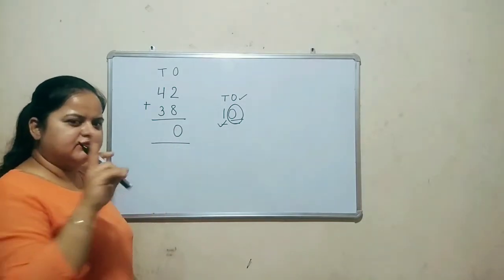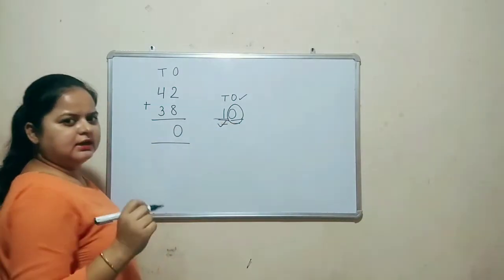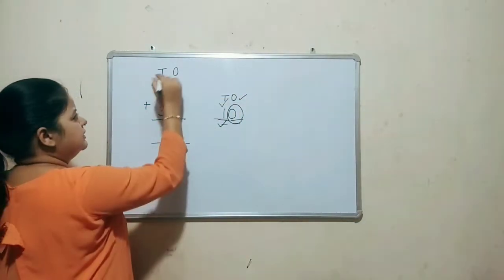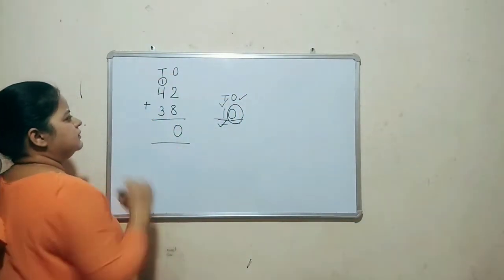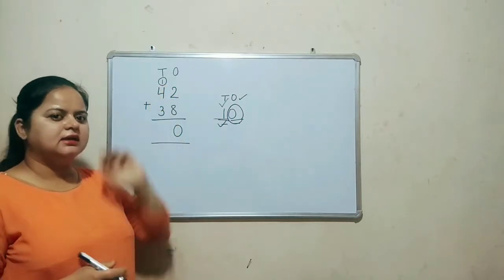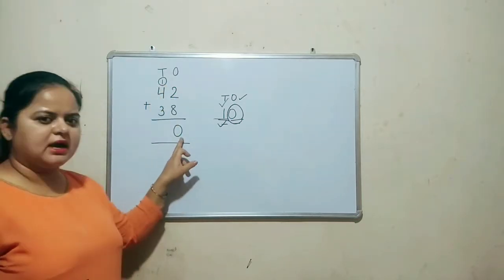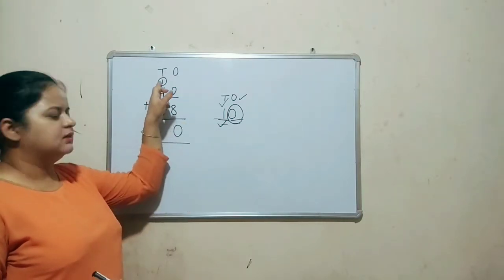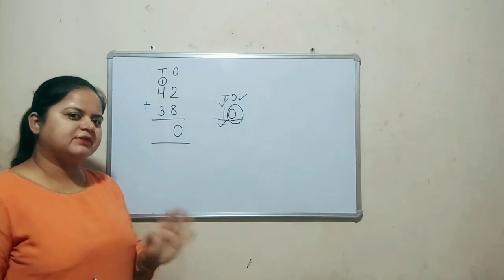Now we have 1 left. 1 is placed on tens side, so we will write it here. This is called carry. क्या है ये? Carry. 0 यहाँ राइट करेंगे ones के नीचे and 1 will go on the side of tens.